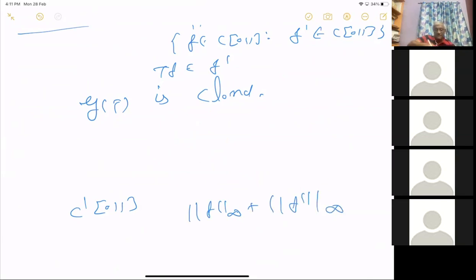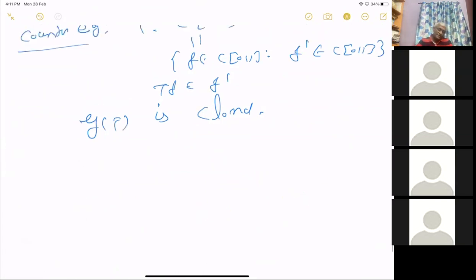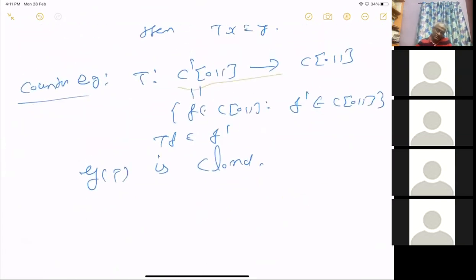But it is not complete with respect to only the sup norm of f. It's not closed inside C[0,1], which is equivalent to being complete.